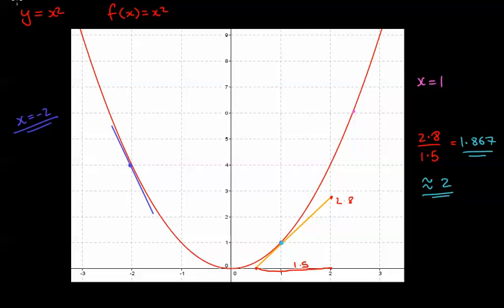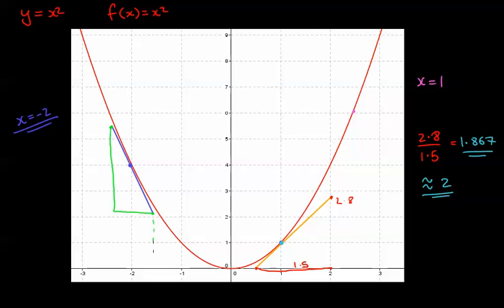Now, let's see what the gradient of this blue line is. Let me just pick the top point and the bottom point, and let me draw my triangle again. It's a really bad triangle, but it's my right angle triangle. This is going to be really tough to estimate.